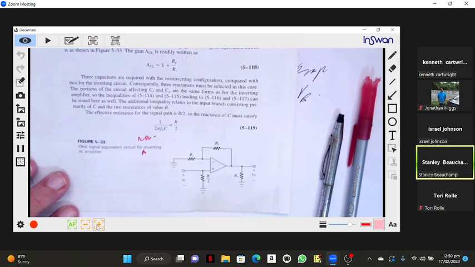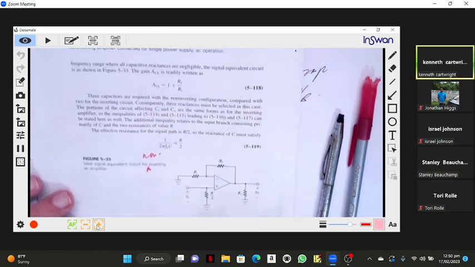The gain is RF over RI plus 1. Yes. In other words, it hasn't changed.